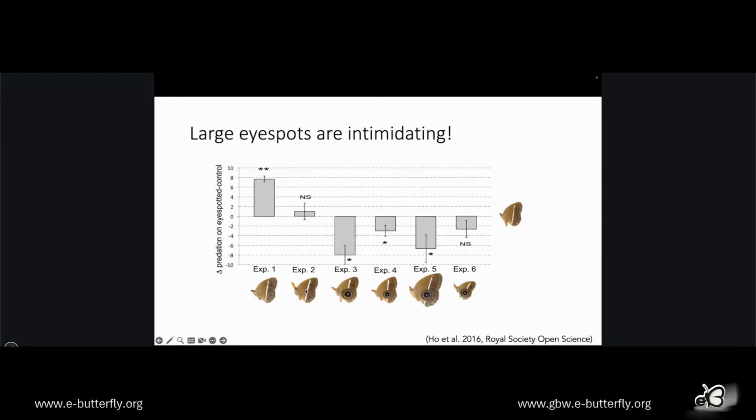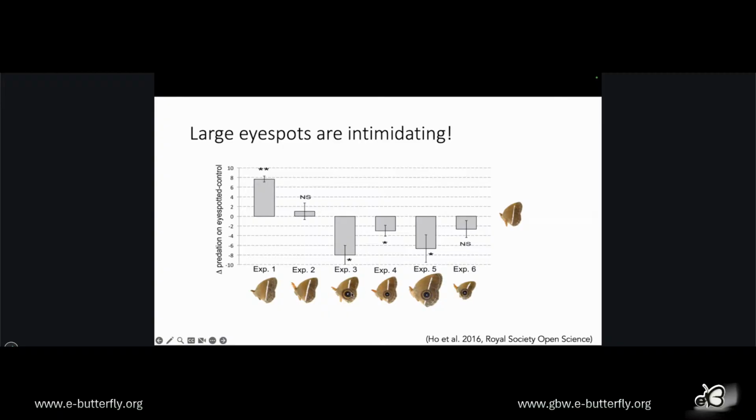And here you can see that in experiments 1 and 2, where the experimental models had many small eye spots or a single small eye spot, many small eye spots is actually quite visible to predators. So the mealworm gets attacked, but we don't see the live interactions because these are just paper models. But the point here is that these small eye spots don't seem to deter attacks. So attacks do happen in these paper models.